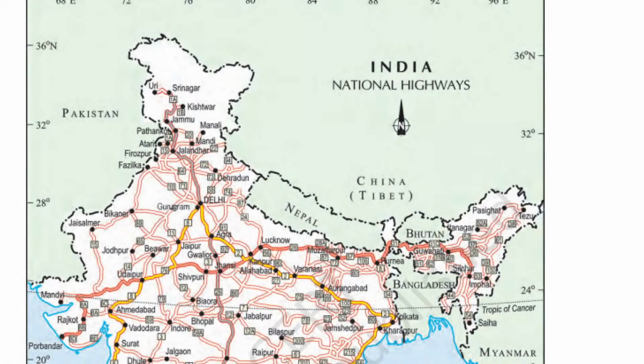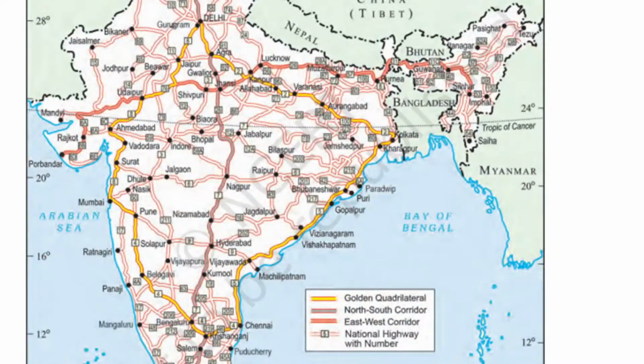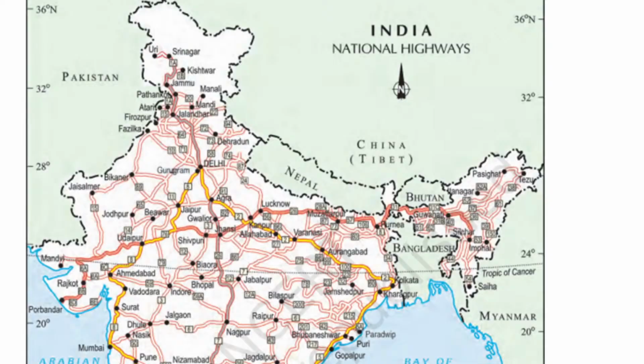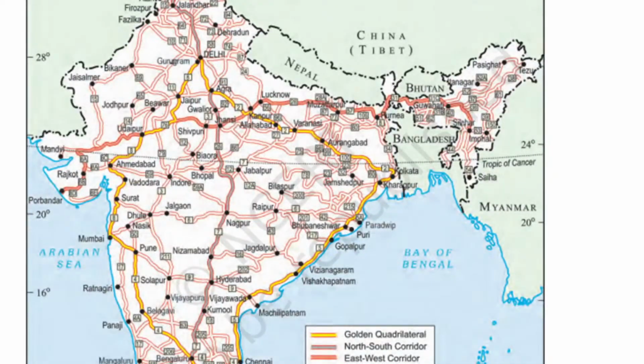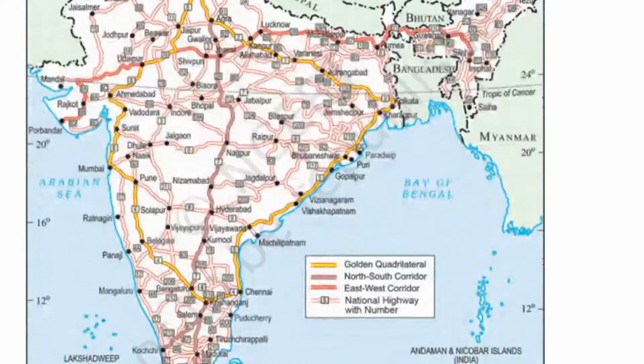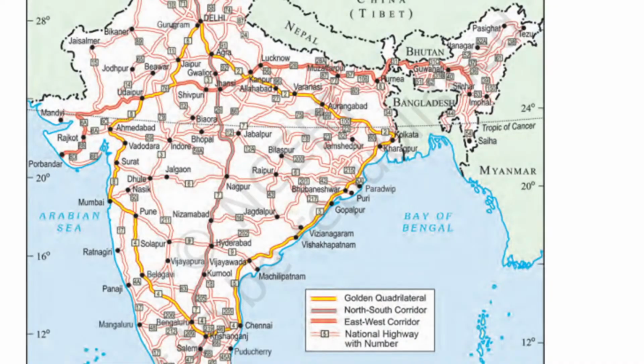Now, see the golden quadrilateral going through dark yellow lines with red bordering. Then north-south corridor, east-west corridor, national highway with number.